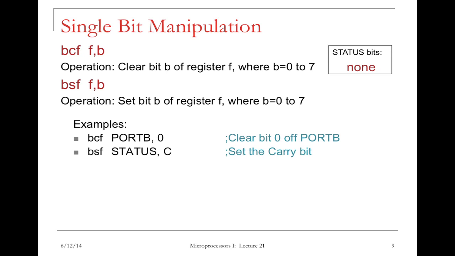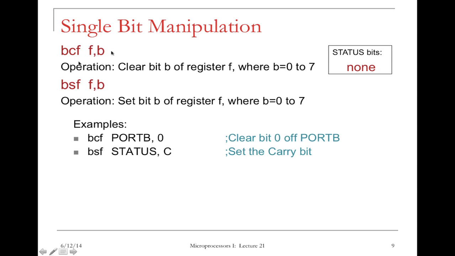Single bit manipulation. These two instructions belong to the bit-wide operations. Bit clear a register: we're going to clear one bit of a register, and the register is given here, BCF f, b.